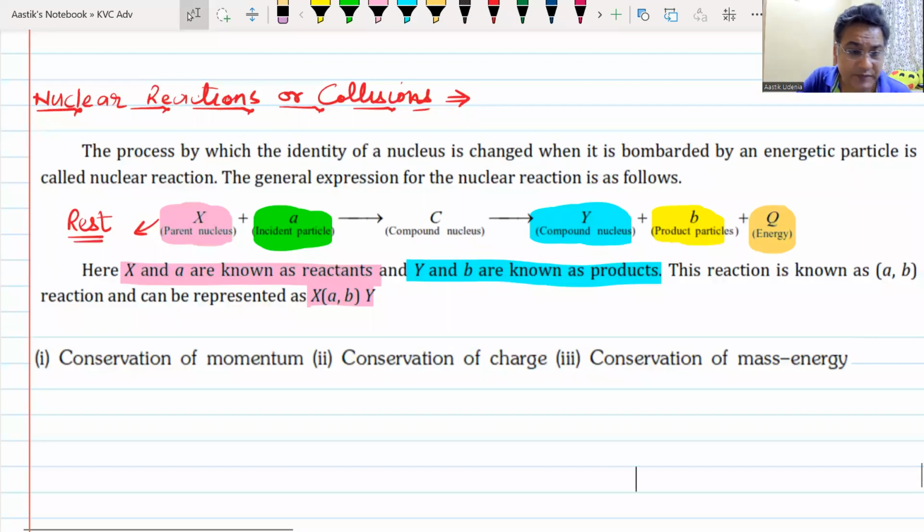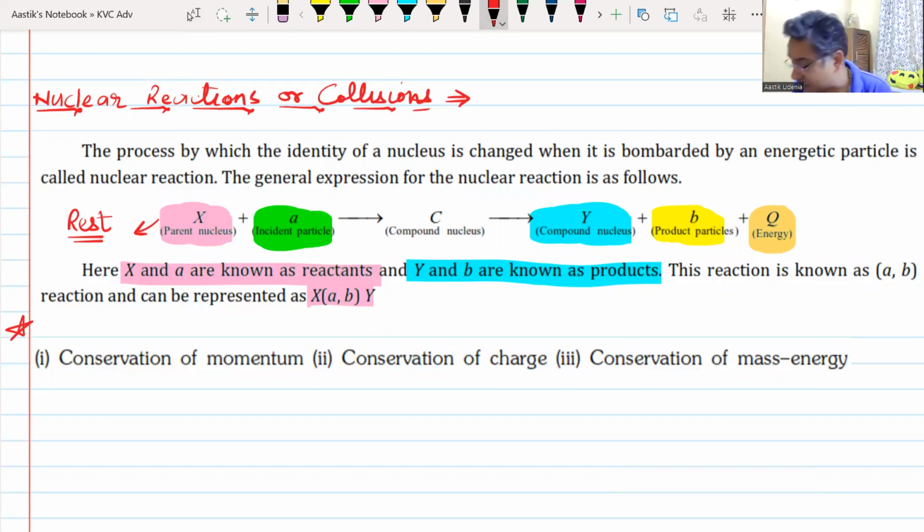A question from this section came in JEE Advanced last year. The first principle that we might have to apply, I will not be applying it, I will just give you the formula: conservation of momentum, because this is nothing but particles colliding.